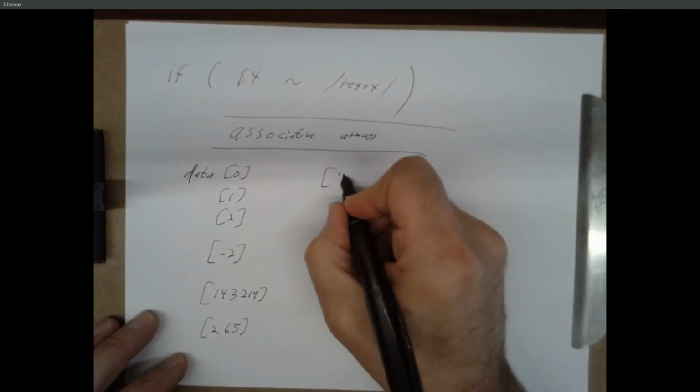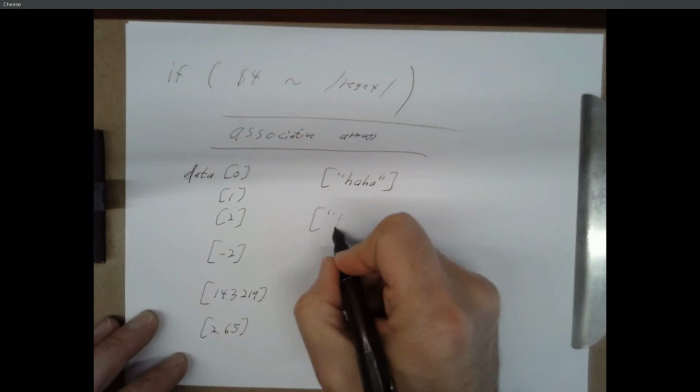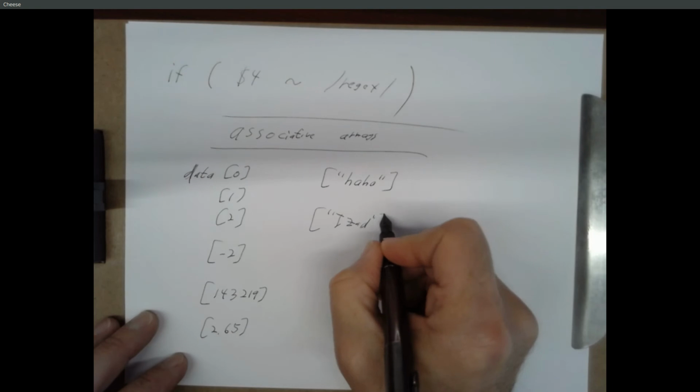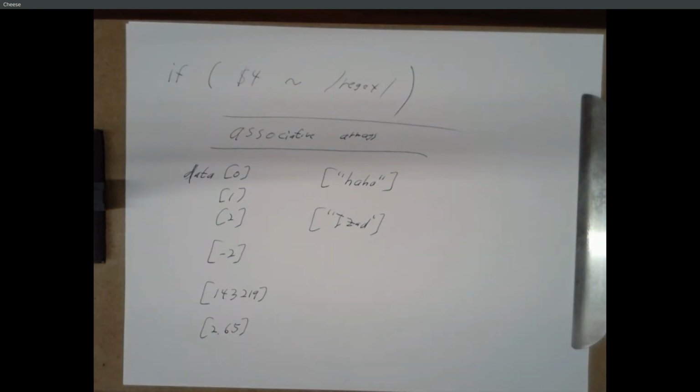Or maybe with a string like haha, or somebody's name, or whatever else you want. So an associative array is a very general type of array that we can index with pretty much anything, most commonly with strings. And you can do a lot with this kind of thing.